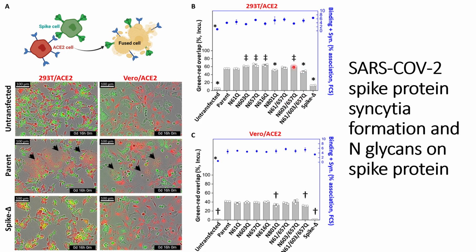The left hand side axis represents the measurement that is done on the InCyte, and we can see that the signals from this N801Q mutation and this N616Q/N657Q mutation show slightly decreased signals.